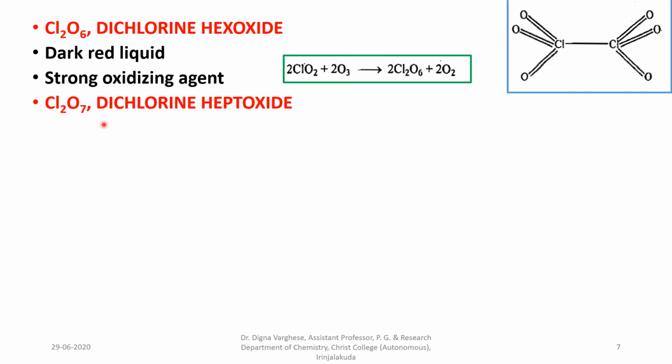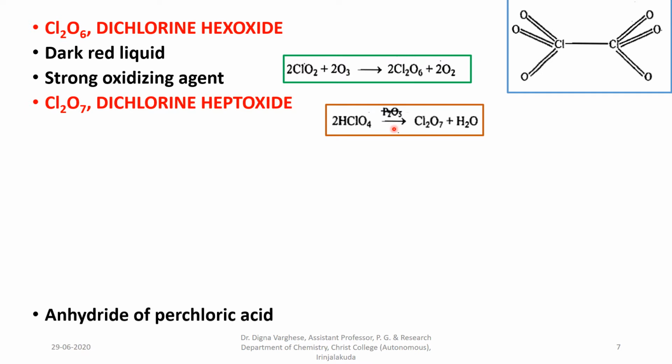Dichlorine heptoxide. Molecular formula is Cl2O7. It is prepared by dehydrating perchloric acid with phosphorus pentoxide, giving chlorine heptoxide. P2O5 is a good dehydrating agent.